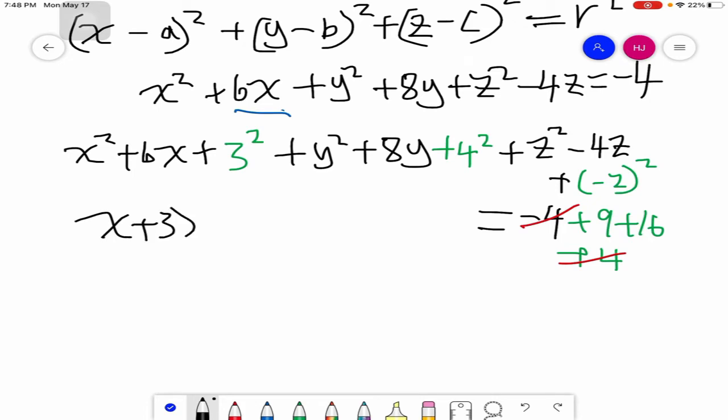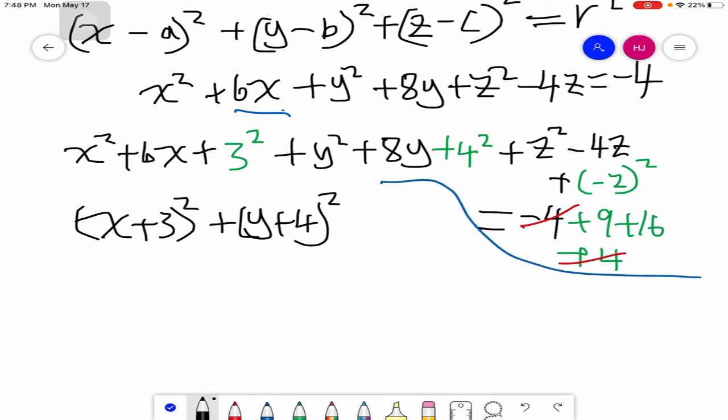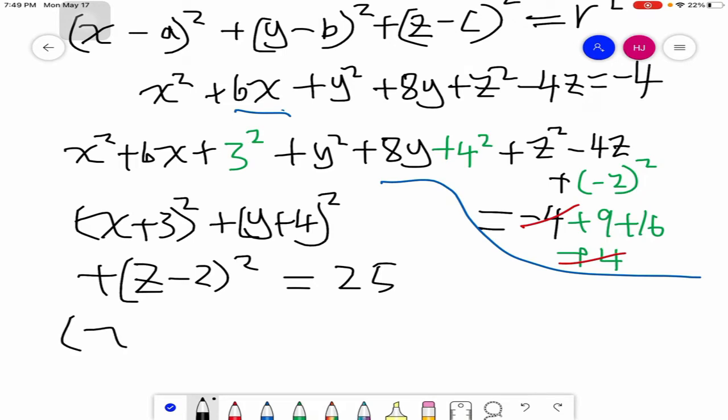And then let me just move down a little. Completing the square from there, it's x plus 3 squared plus y plus 4 squared plus z, in this case, would be plus -2, which is minus 2 squared, equal to 25 on the other side.